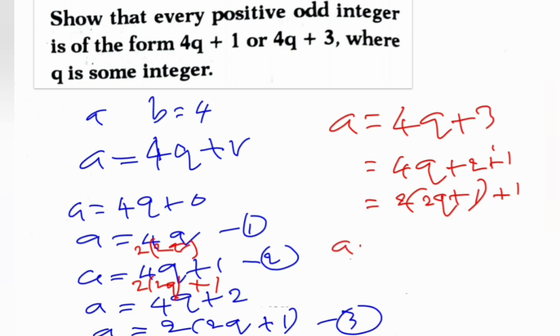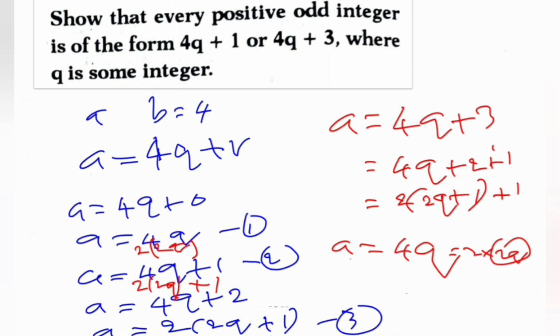If a equals 4q, it is not an odd number, it is always even. We can write it as 2 into 2q. That means 2q is a number, and multiplying with 2 we will get an even number.